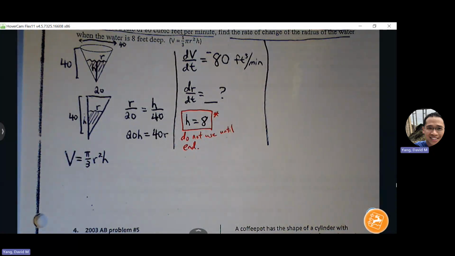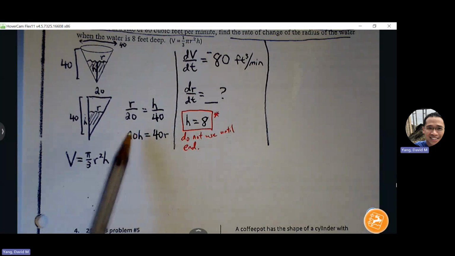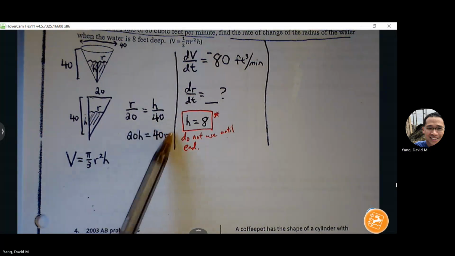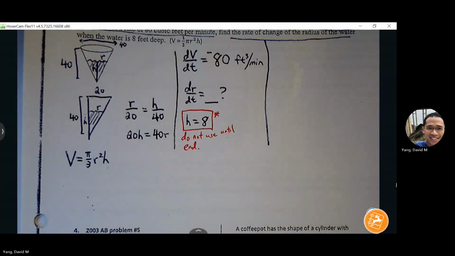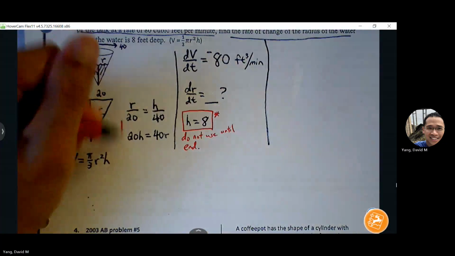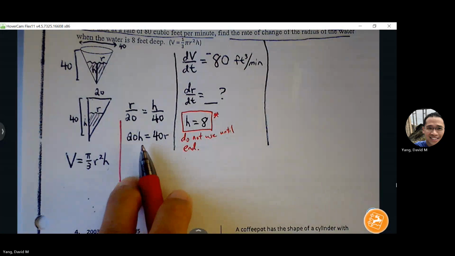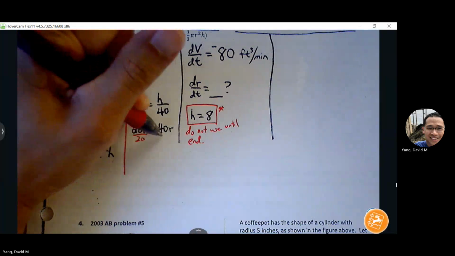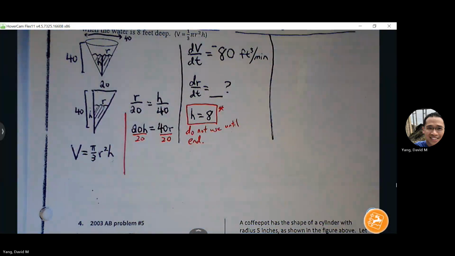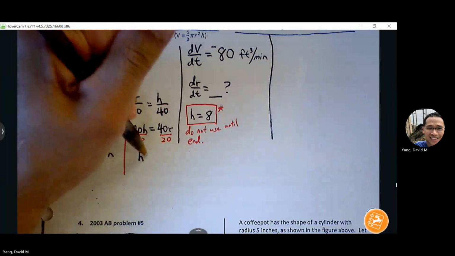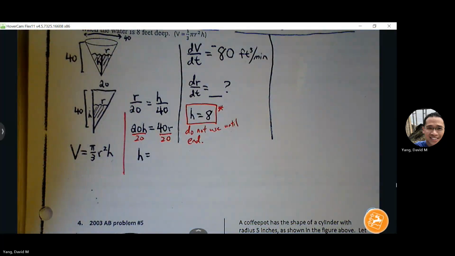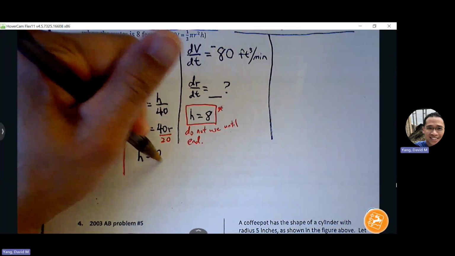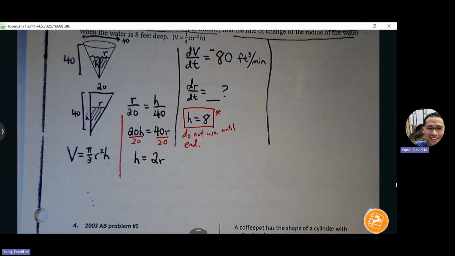Okay. So if I want to replace h, then what should I solve for? Yeah, I should solve for h. Okay, so how can I solve for h? So what's h equal to? 2r. Okay.